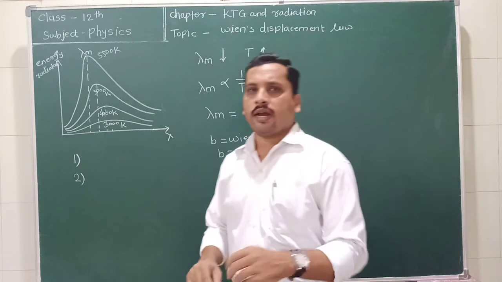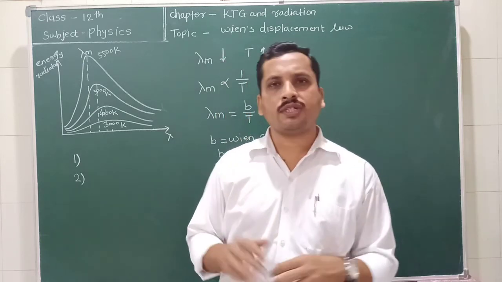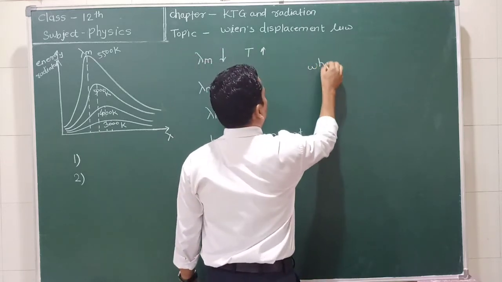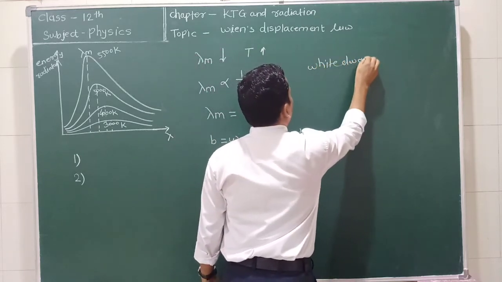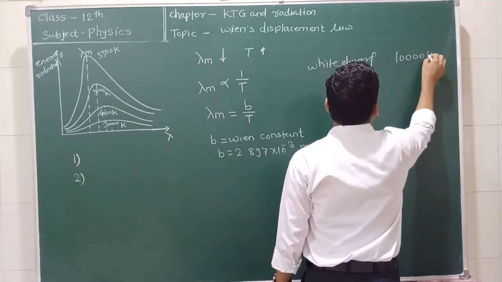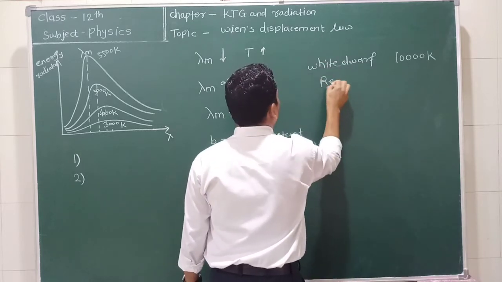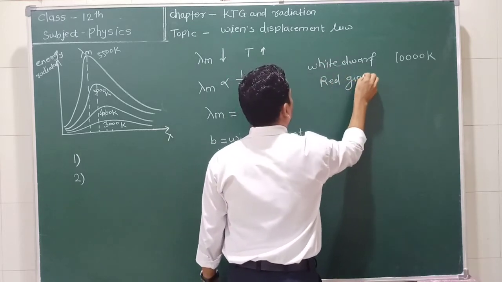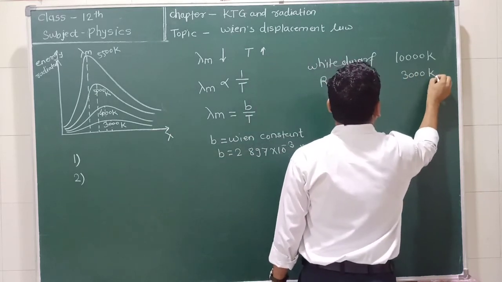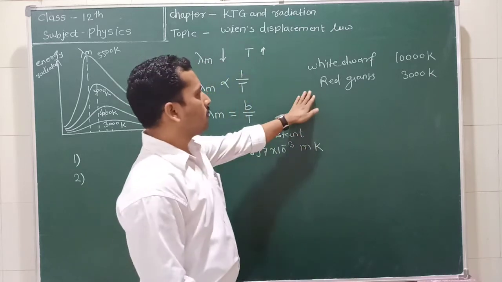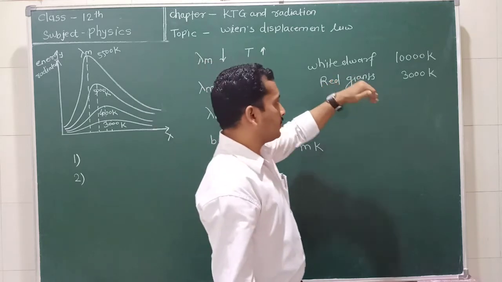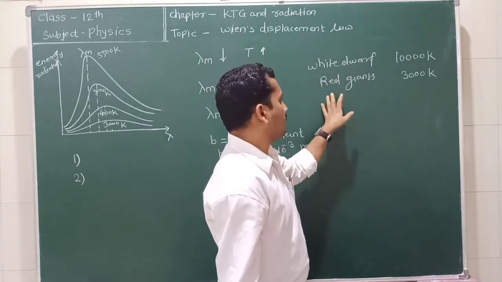We learn about white dwarfs and red giants: white dwarfs have a surface temperature of about 10,000 Kelvin, and red giants have a temperature of about 3,000 Kelvin. So by using Wien's displacement law, we can also determine the surface temperature of white dwarfs and red giants.